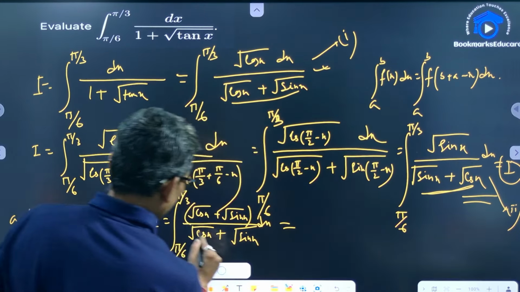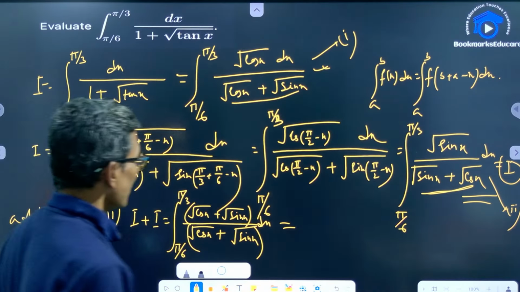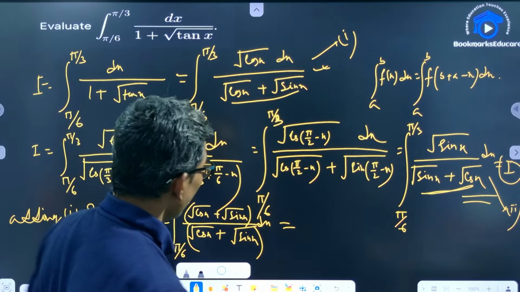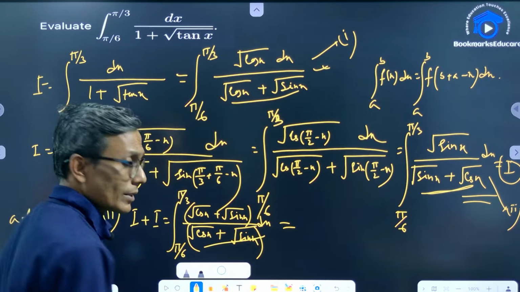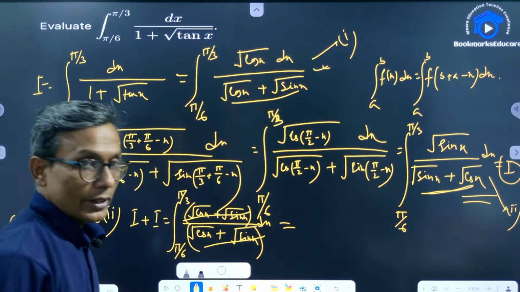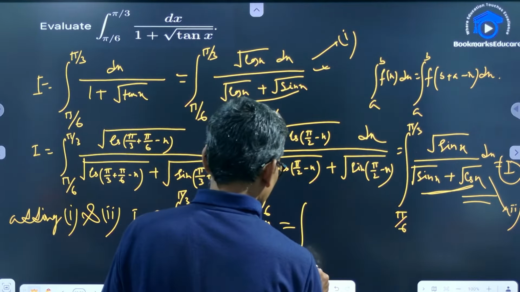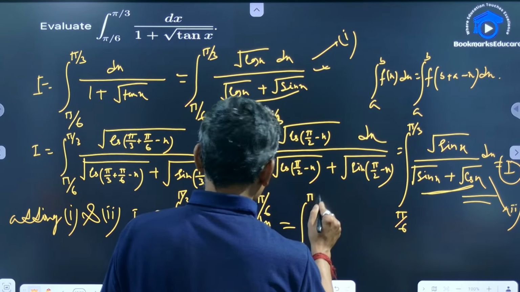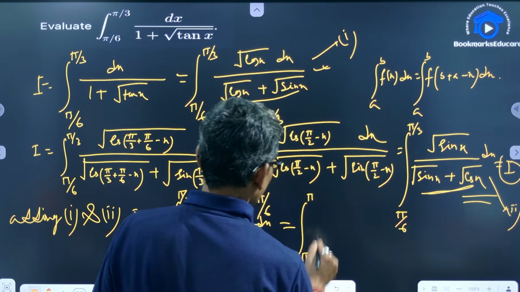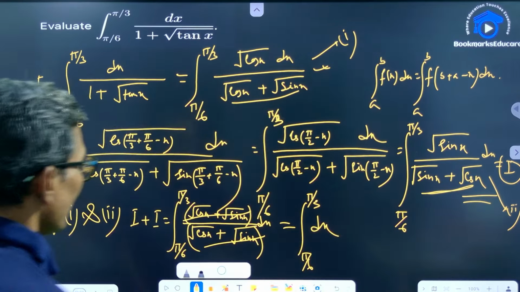So root over of cos x plus root over of sin x will be eliminated from numerator and denominator both. So integral pi by 6 to pi by 3 dx, this will be left.